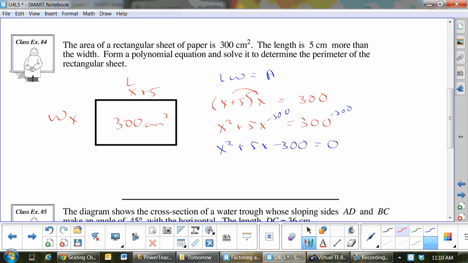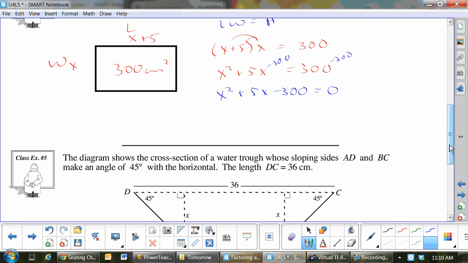Okay? And now if I find the zeros, I will find the answer. So I'm going to use some factoring. Factoring would be what plus what equals 5, and what times what is negative 300. Okay? Now, if it's negative 300 and a positive 5, what would my signs be?